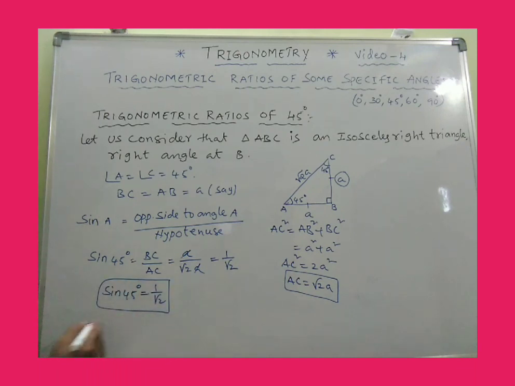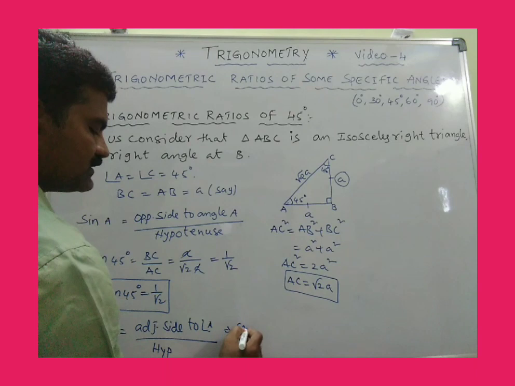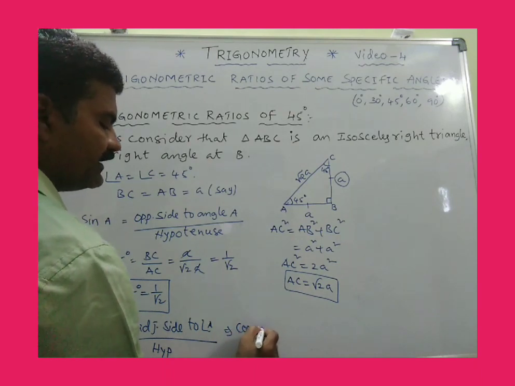Okay. And similarly, go for cos 45 degrees. Cos A first of all. Cos A is clearly the adjacent side to angle A by hypotenuse. This is the basic formula. So cos A I can replace with 45 degrees.